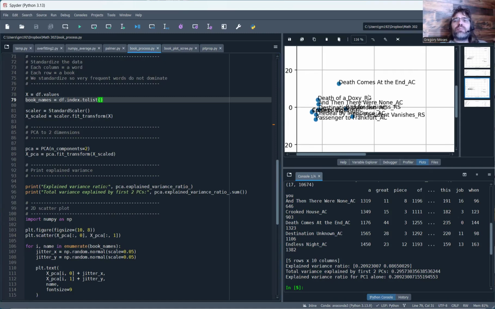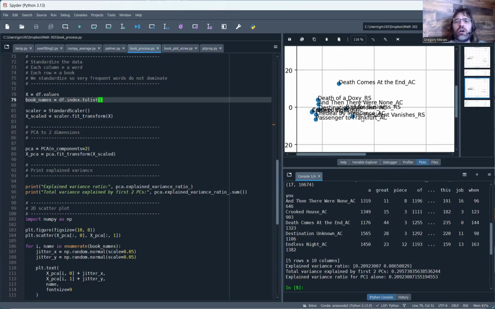It's not representing differences in American versus British vocabulary, again, because these people are grouped together. It's not representing the fact that people writing in different eras use different words, because Rex Stout and Christie were writing in different eras and they're all blurred together.